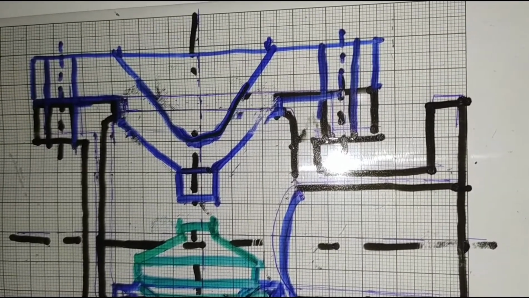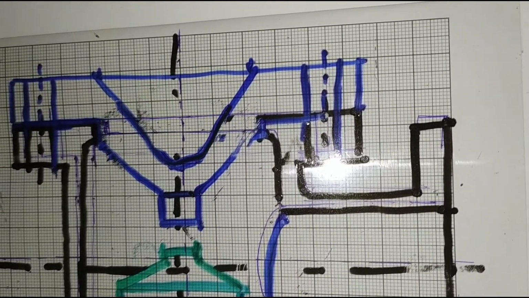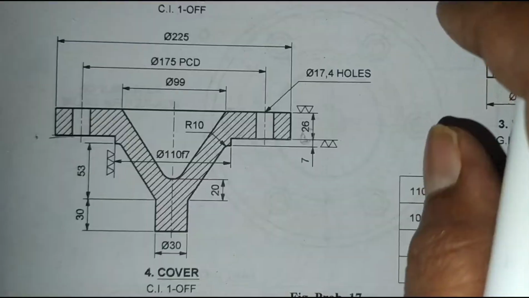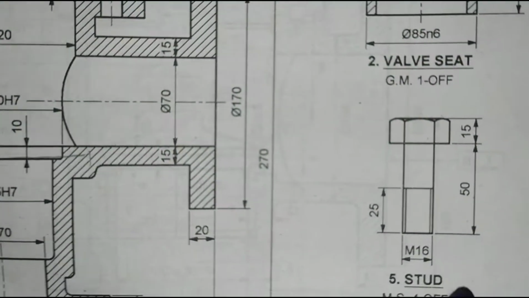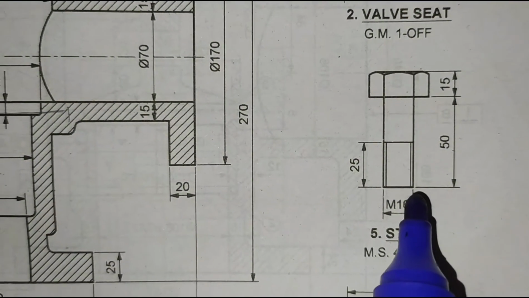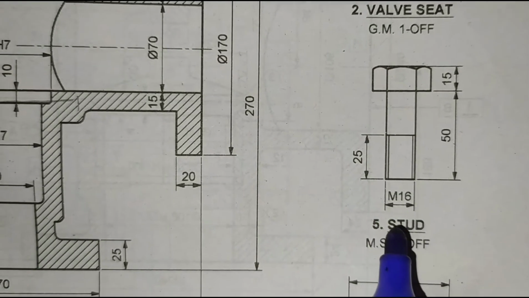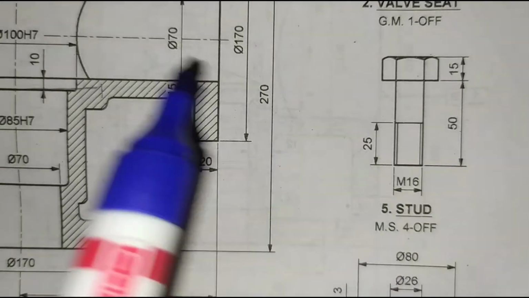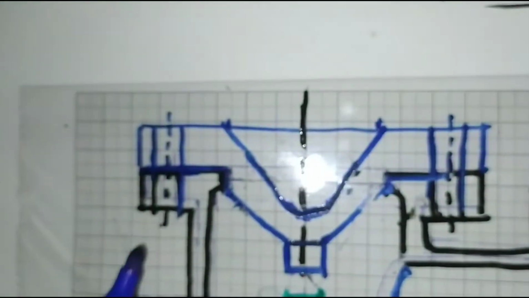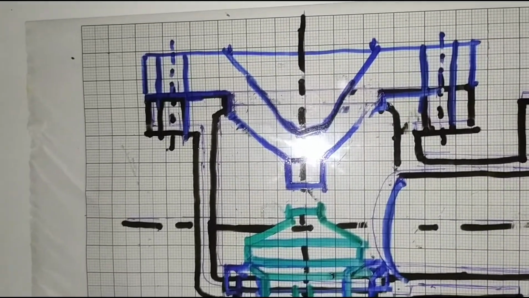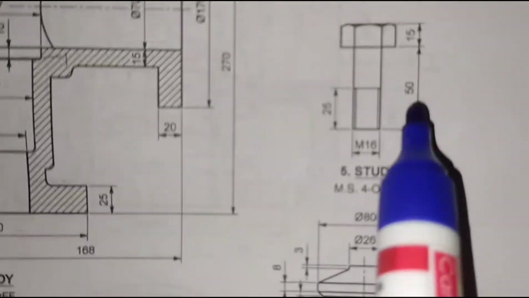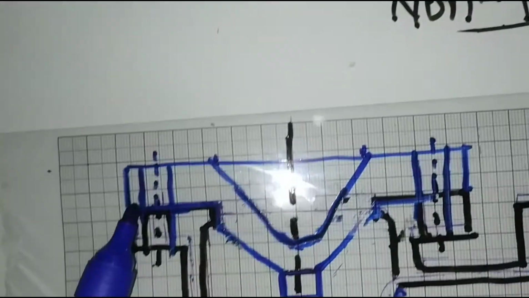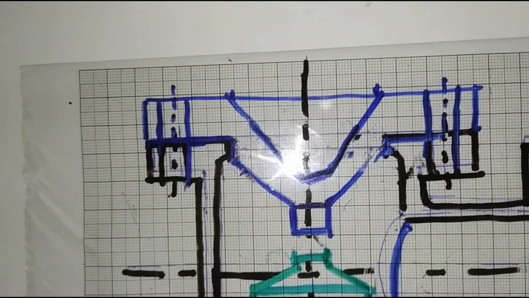Okay, now we will fit the studs. So we will fix a stud here. What is the total shank length? 16 mm, it is M16. Only the threaded portion is in this body. What is the length? 50. This is the 25 and this is the 25. Total length 50.